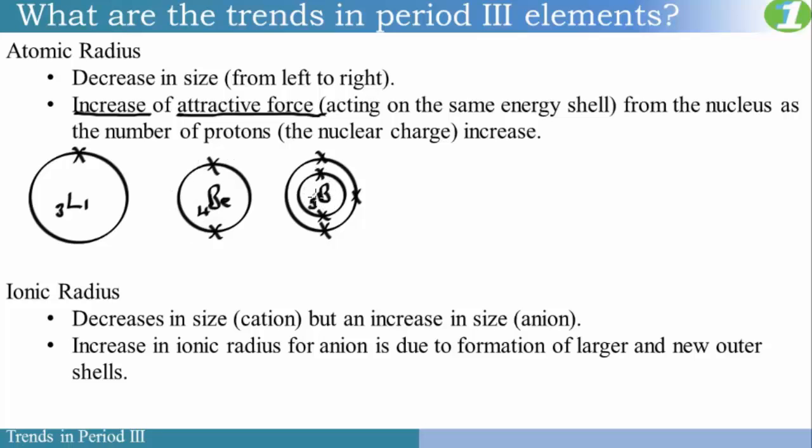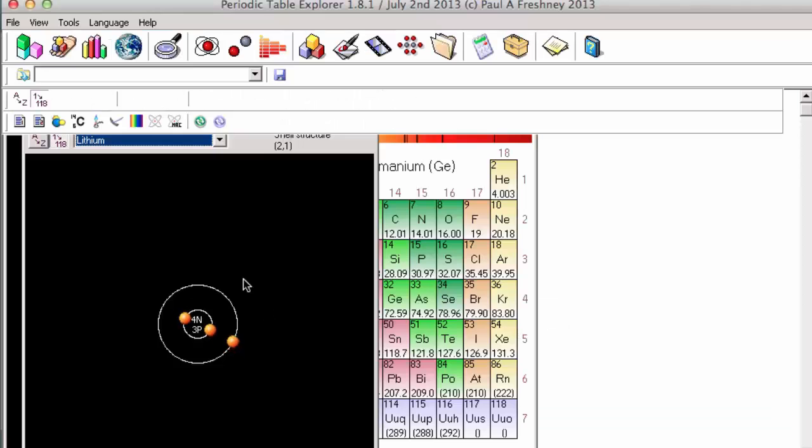Boron would have 2 on the inner shell and 3 on the outer shell to make it 5, and so on. So as you go across, the atoms are becoming smaller because as you add one more electron and one more proton, the outer electrons on the shells are being pulled in by the nucleus, making the atom smaller.